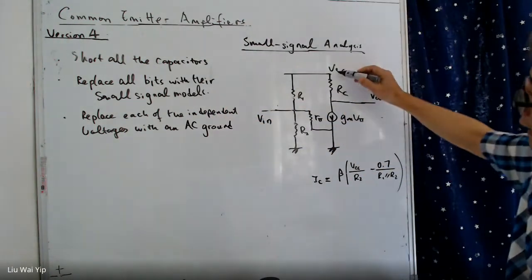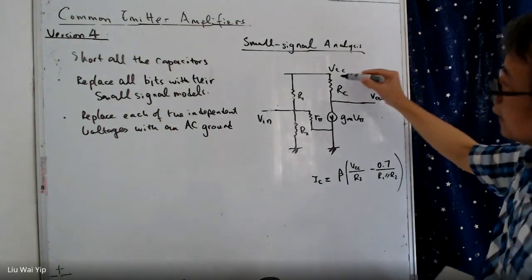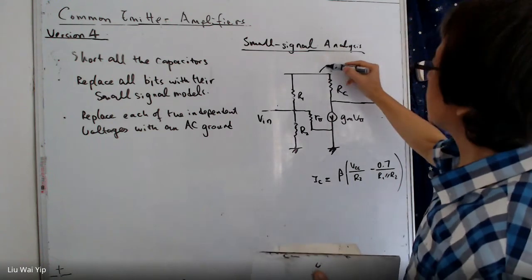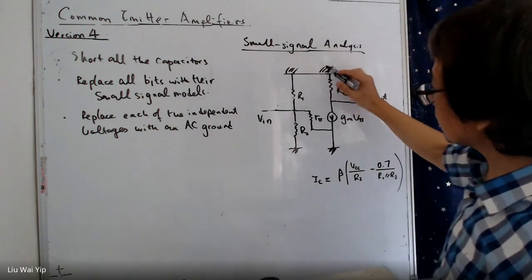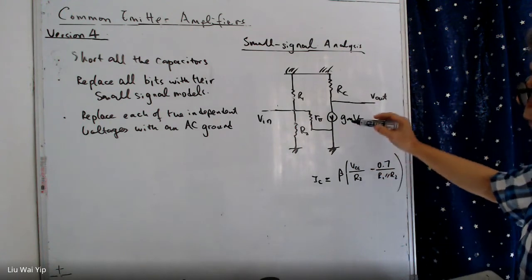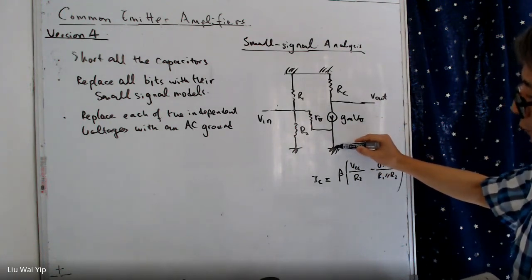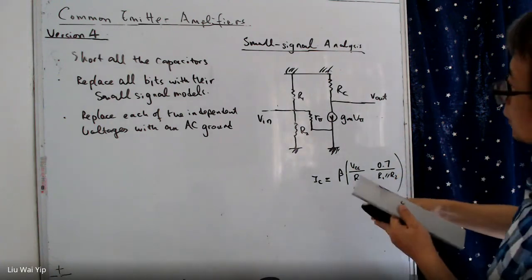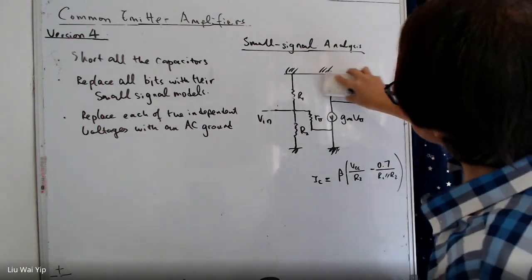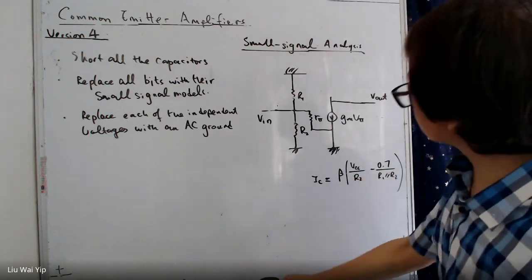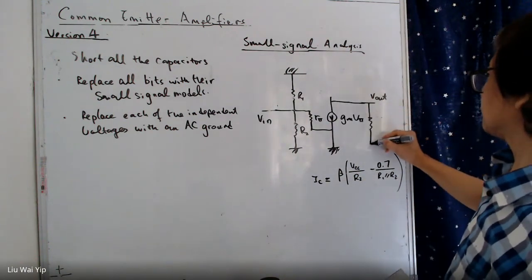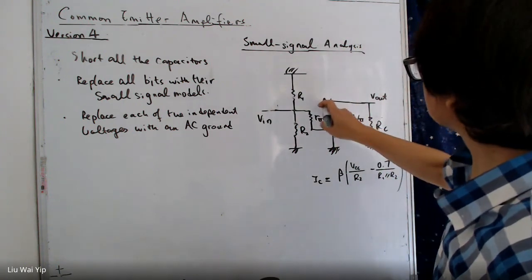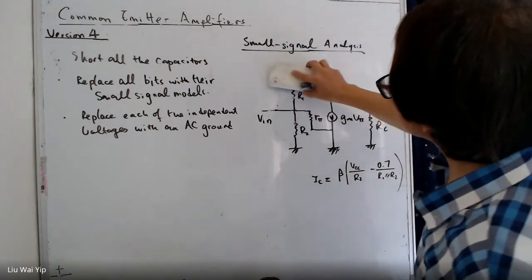This means this VCC is just a ground. And this AC ground is not very much different from the physical ground here in AC. So we can redraw the circuit.